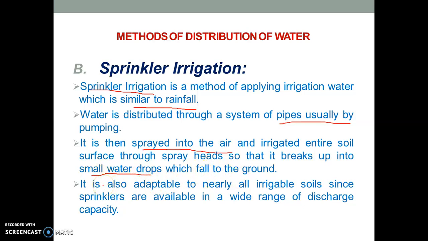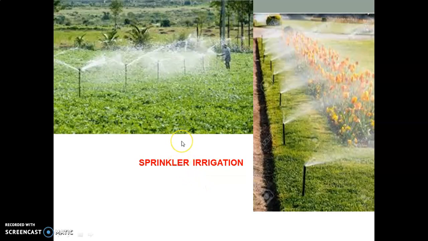Now this method is adaptable to nearly all irrigable soils since sprinklers are available in a wide range of discharge capacity. Okay, now there are some advantages and disadvantages in the sprinkler irrigation method.